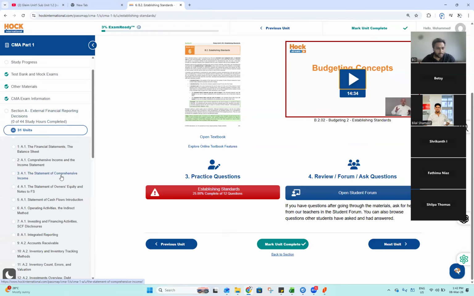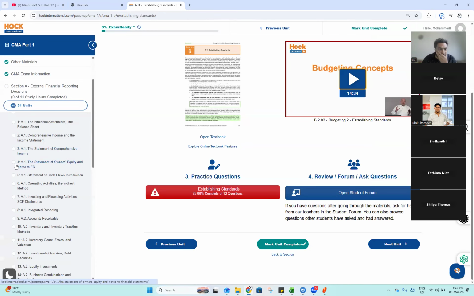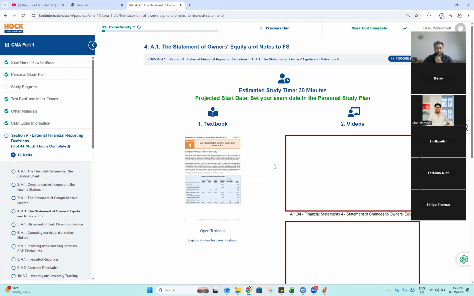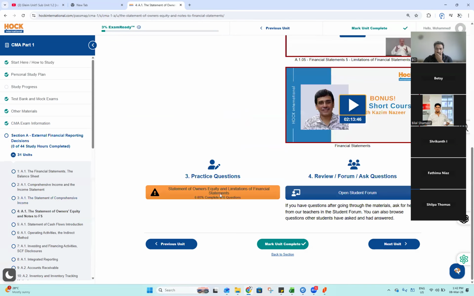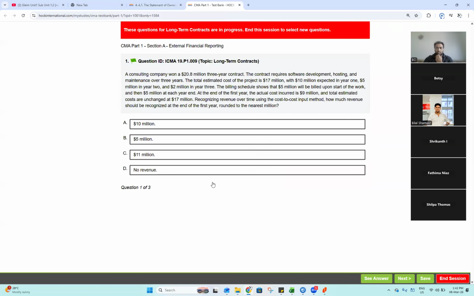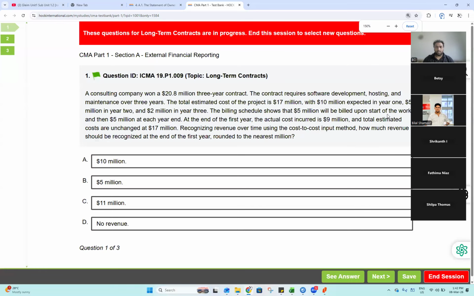External financial reporting. Owner security. This is what we discussed, right? Statement of owner security. There's only 6 questions. Okay. Let's see this.